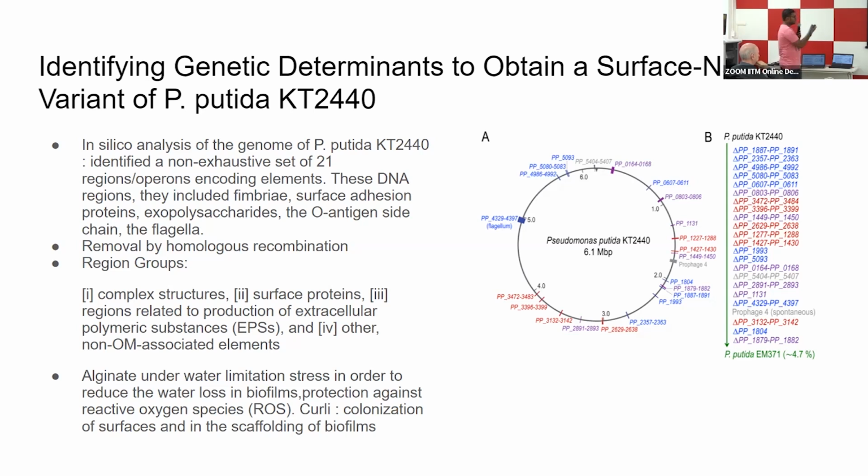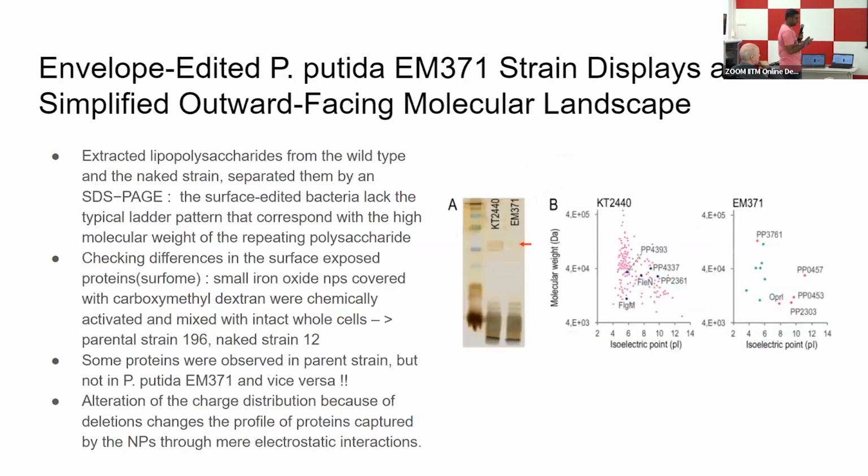There was another type, curli, which are fibrous elements present on the surface of the bacteria. Alginate, curli and some other examples present on the surface were what they focused on, so they could make it immobilize.